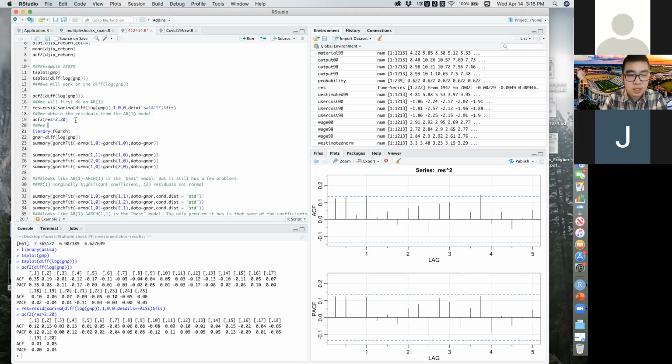This is important. If you just get the ACF and the PACF of the residual, it probably does not work, or it will give you the wrong answer.